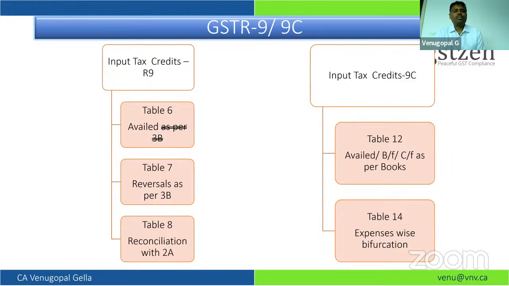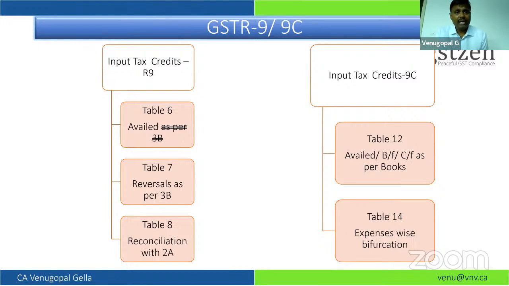Now, assuming purchases were made in the financial year 22-23, but the credit was claimed in the financial year 23-24, you will not report it here, because in the financial year 22-23, you have not availed any input tax credit. There is a reporting table for that, just as you have tables 10 and 11.